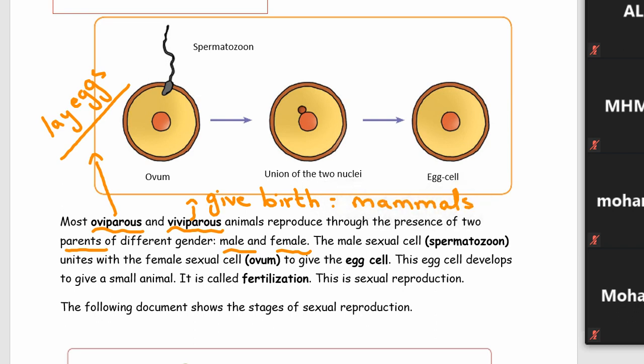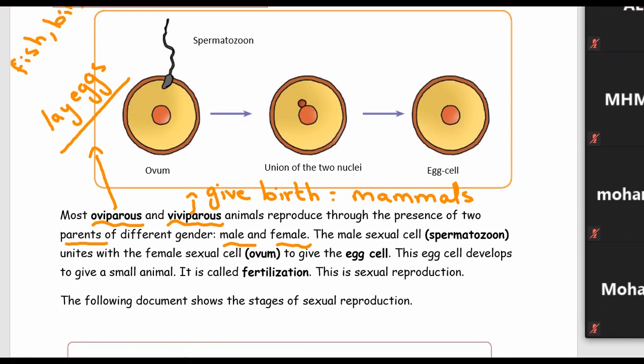In grade 4, we mentioned the groups of animals. They are fish, birds, reptiles, amphibians, and mammals. Mammals are the only viviparous animals, while the oviparous animals are the groups of fish, birds, reptiles, and amphibians.